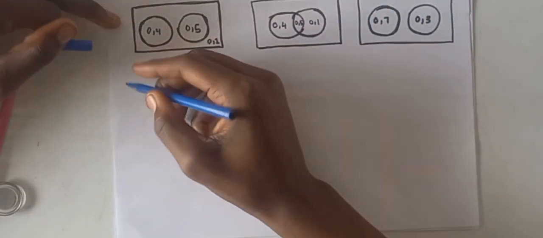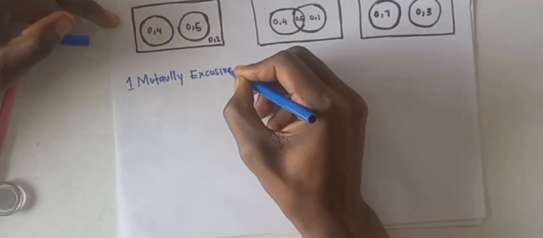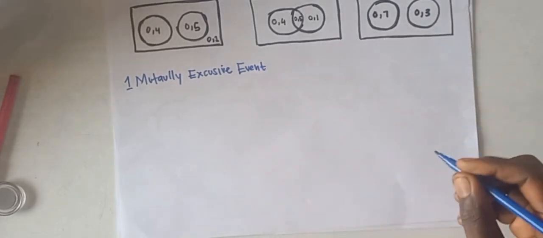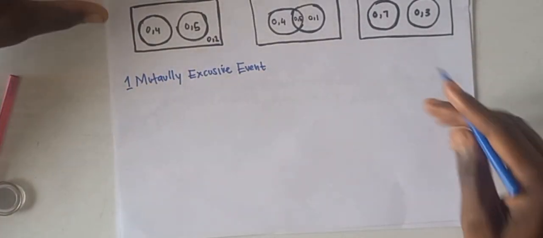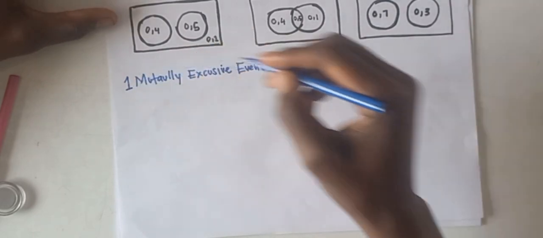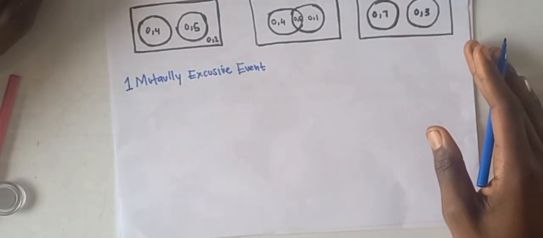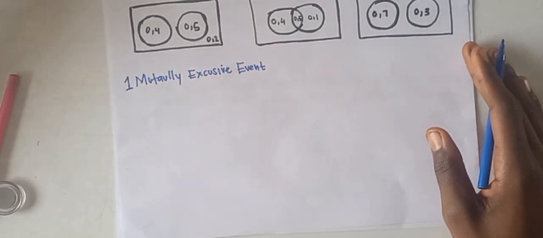The first one is the mutually exclusive event. An event is called mutually exclusive when two events don't intersect each other, when they don't share a common outcome.